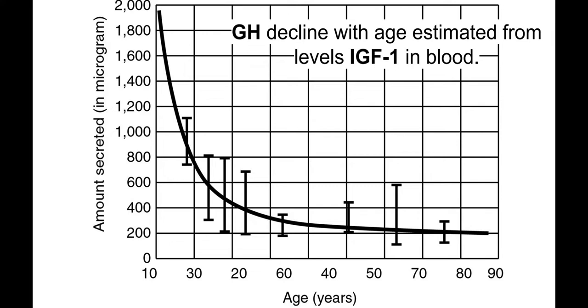So you see how aging is happening. After 30 years old, the drop of growth hormone and insulin-like growth factor 1 is 4 times. We grow with time, and then it all goes very quickly down.